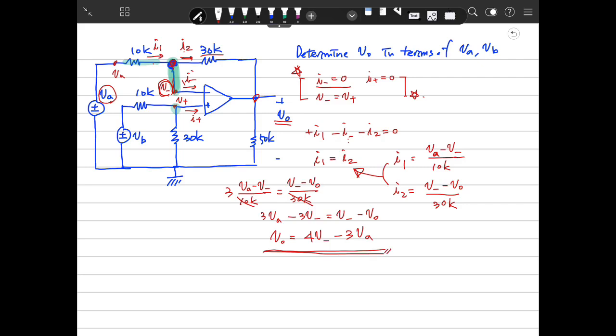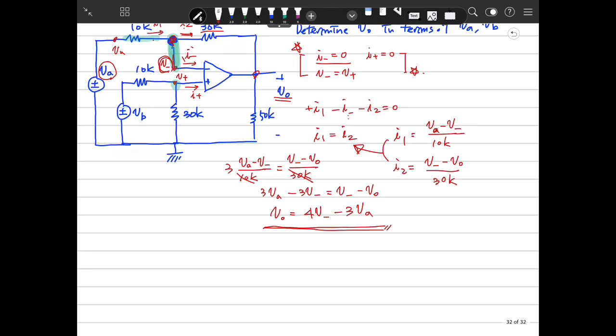Then we have one equation, and next we make the node equation here. We define this current as I3 and this current as I4. The node equation here is KCL: plus I3 minus I4 minus I plus is 0.